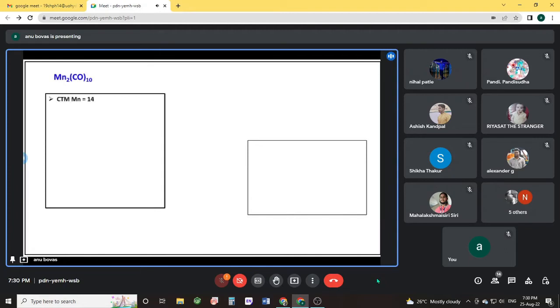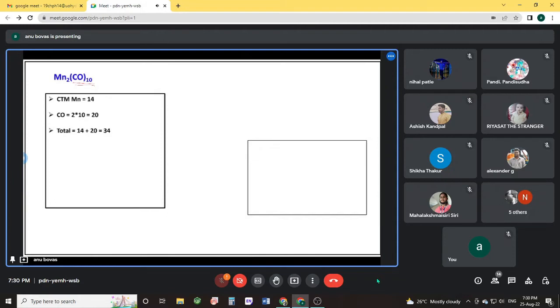The central transition metal manganese has a valence number of 7 electrons. Since there are 2 manganese atoms, a total of 14 electrons will be there in the complex. And carbonyl is a 2 electron donor, and 2 into 10 will give 20 electrons. So therefore the total will be 34 electrons.